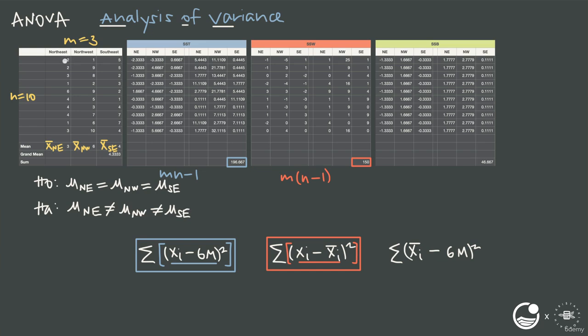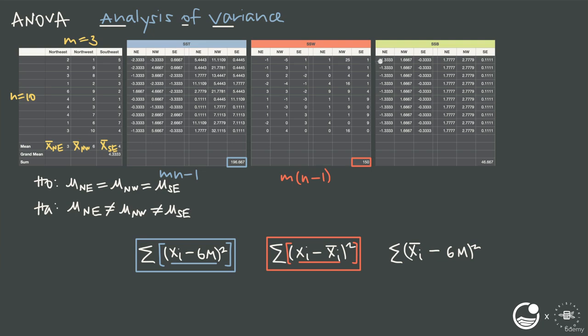But since it's a data point for the Northeast, we use the mean for the Northeast, which is 3. We subtract the grand mean of 4.33. So 3 minus 4.33 is negative 1.33.